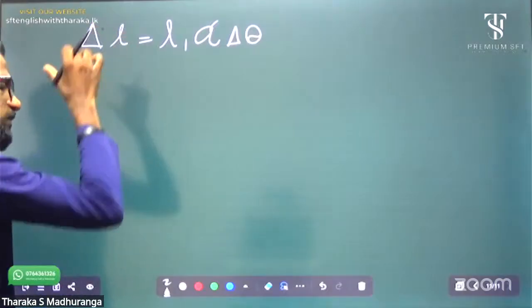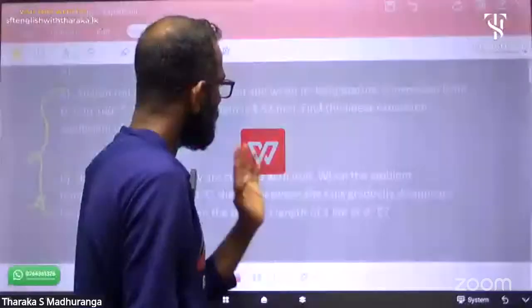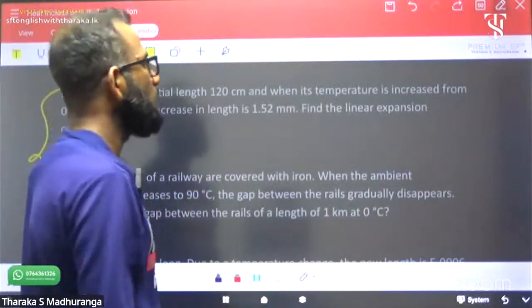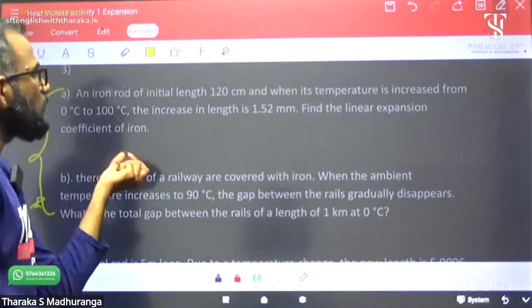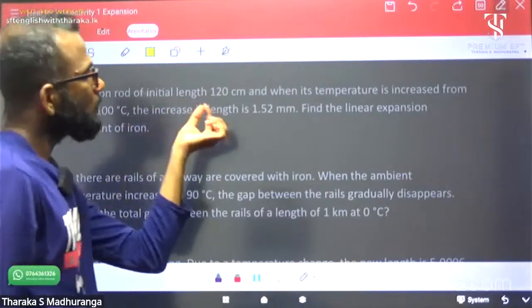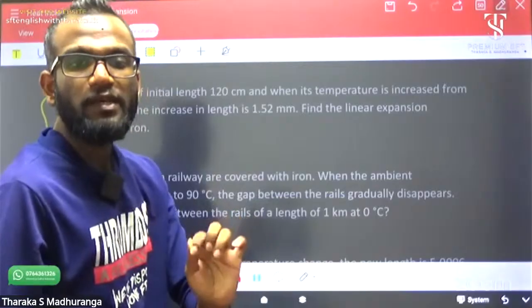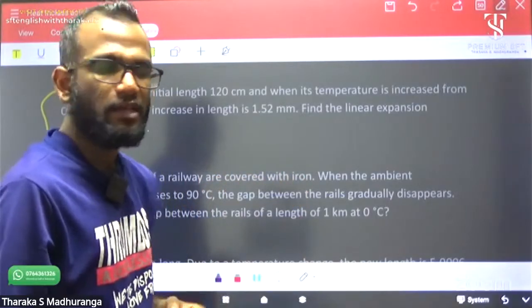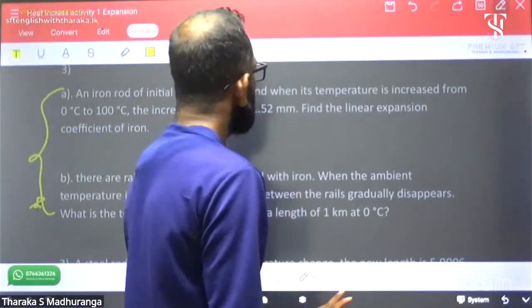Right? What is the delta L now? The increased length. The iron rod's length increased by 1.52 millimeters. 1.52 millimeter is the delta L, the expanded length. The alpha is asked.